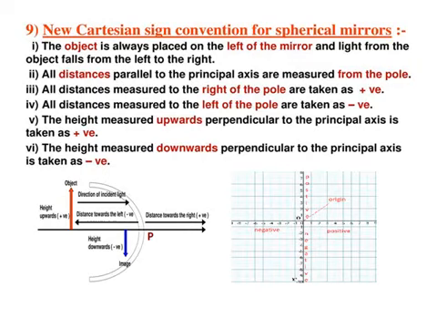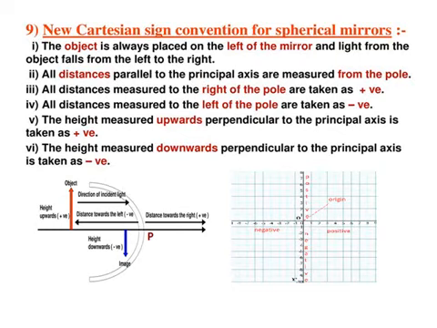All the distances measured to the right of the pole are positive. Okay, now you can correlate with the graph. All the distances measured to the right of the pole are taken as positive. Or else you can take the pole P and fix it on the origin O. In this way also you can calculate.